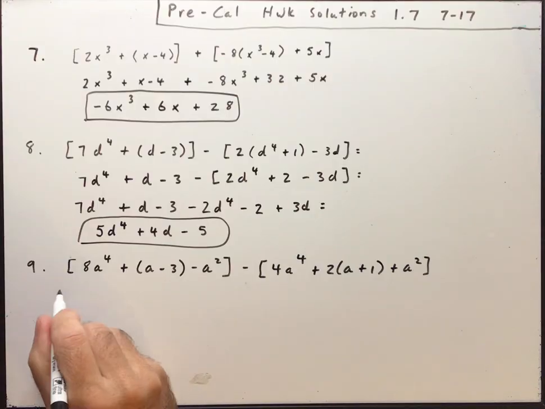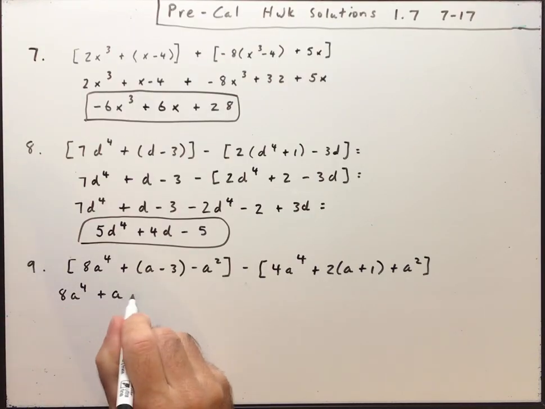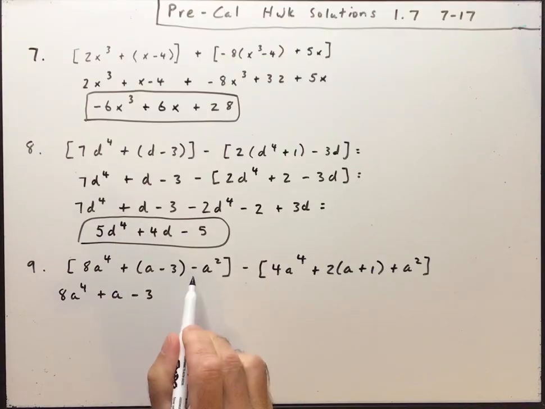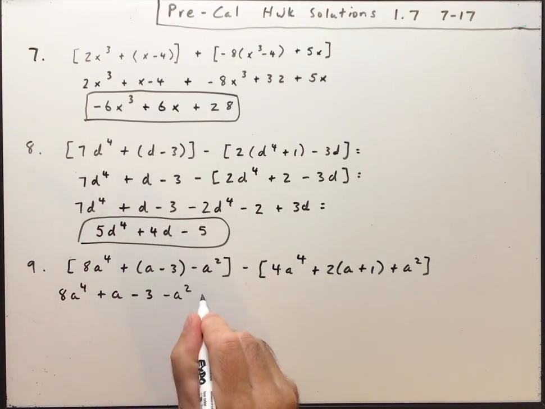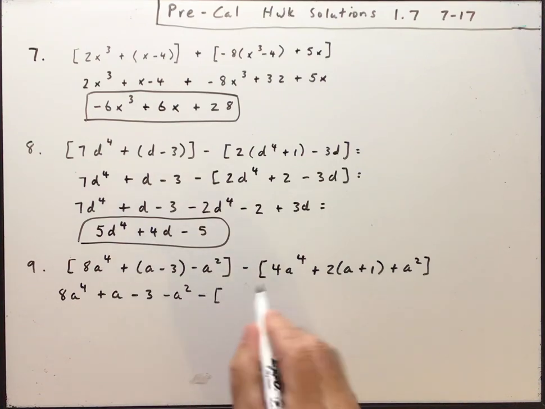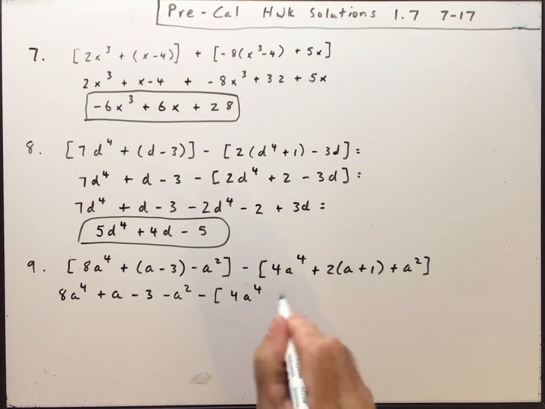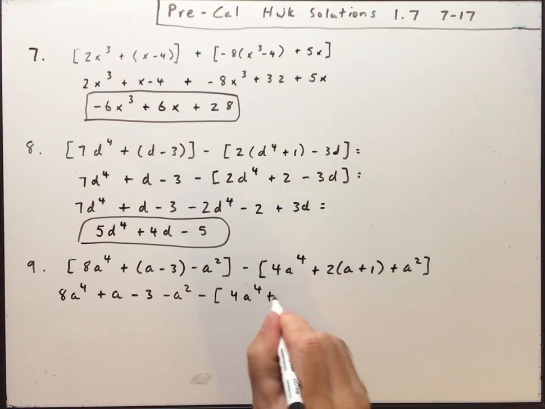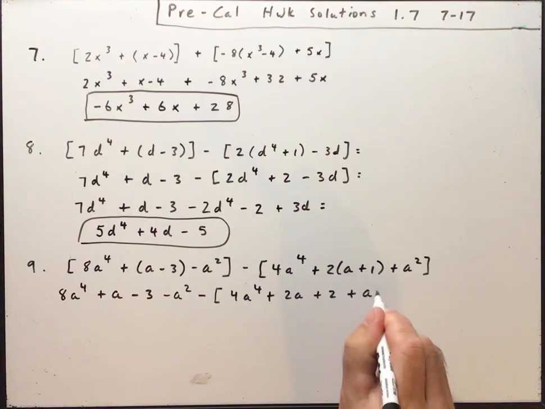All right, so I've got 8a to the 4th plus a minus 3, so I can just remove the parentheses since it's a plus, minus a squared minus 4a to the 4th. I'm leaving the bracket because I'm about to distribute that too. So plus 2a plus 2 plus a squared.